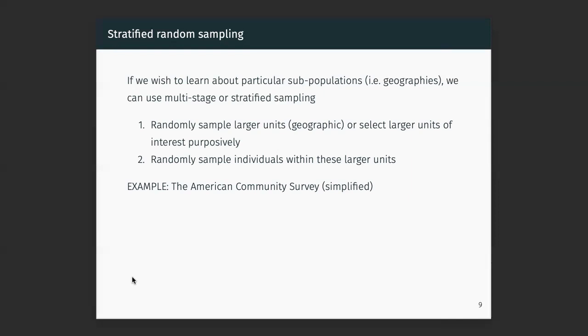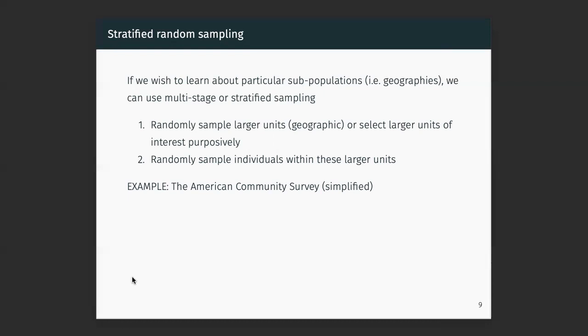Usually a tract has 200 to 300 residents, right? So every year, each tract has a probability of being sampled in the country, and the entire United States is divided into tracts, right? And that includes rural and urban places. And then each household within that tract has equal probability of being sampled once we select those tracts, right? If we do this correctly, we can still obtain an unbiased estimate of population characteristics if we randomly sample the larger unit and then randomly sample the subunits within it.